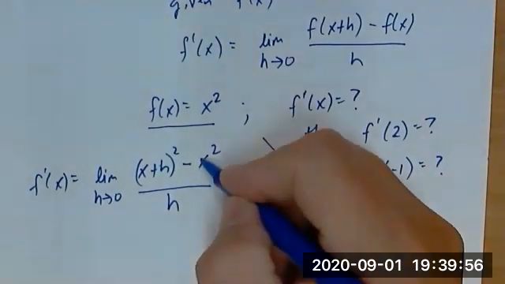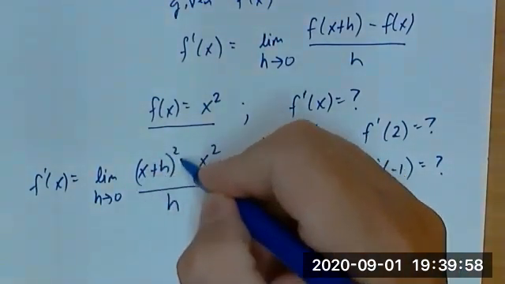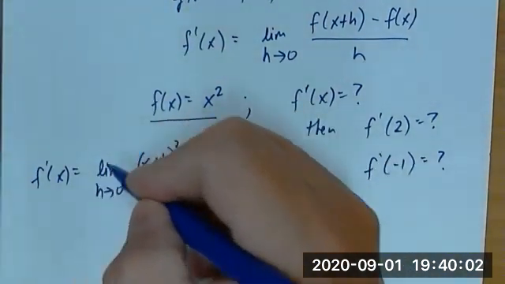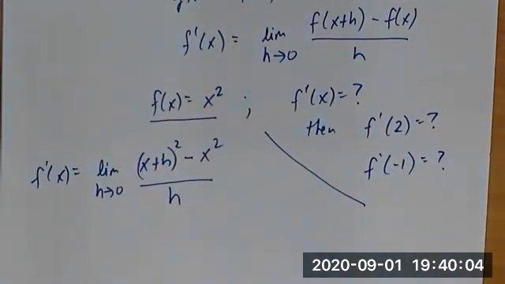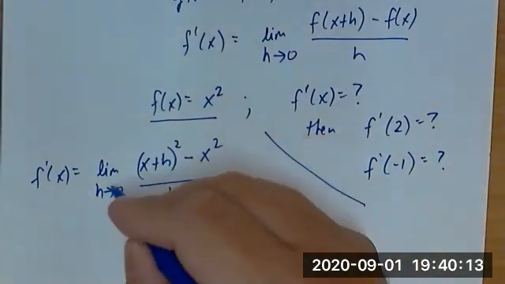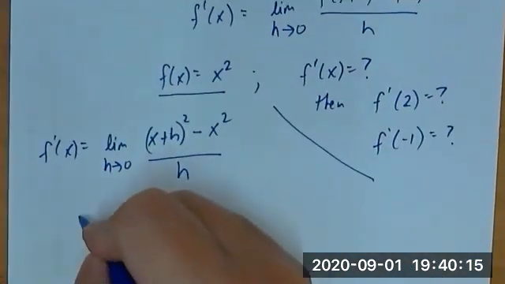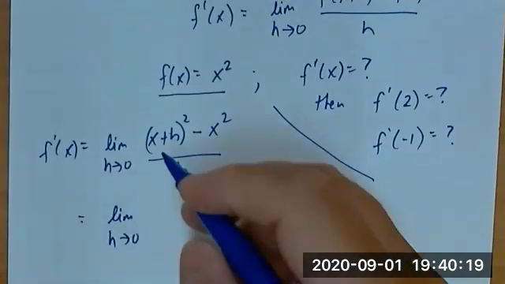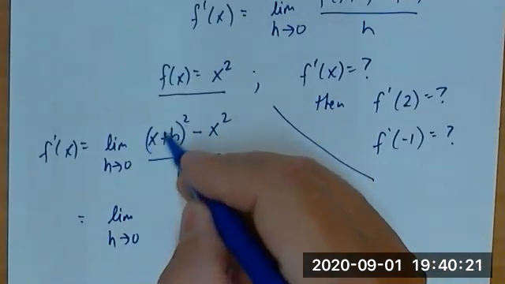So what I'm going to do now is simplify all of this, and then we're going to apply what we learned about how to calculate limits and then take the limit. So let's first see how this simplifies, and then we'll take the limit. So for x plus h squared, I have to FOIL it, right?